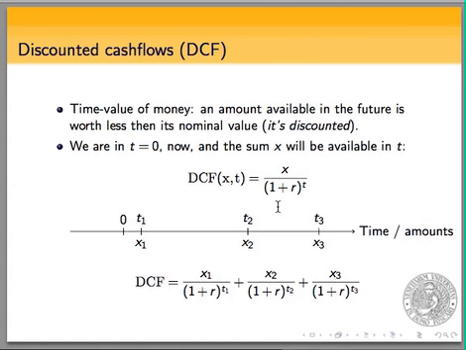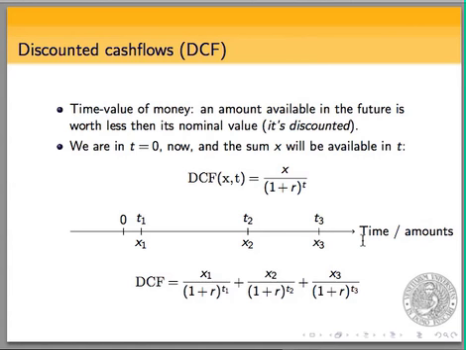And your denominator will be larger if the time t is large, because money available far in the future will be worth less and less. So basically this is the way to discount future amounts, and it is an approximation of how much an amount which is available in a future date t is worth, using some discount rate r.